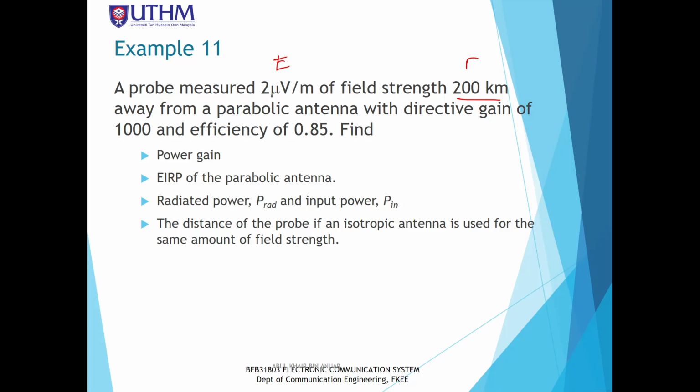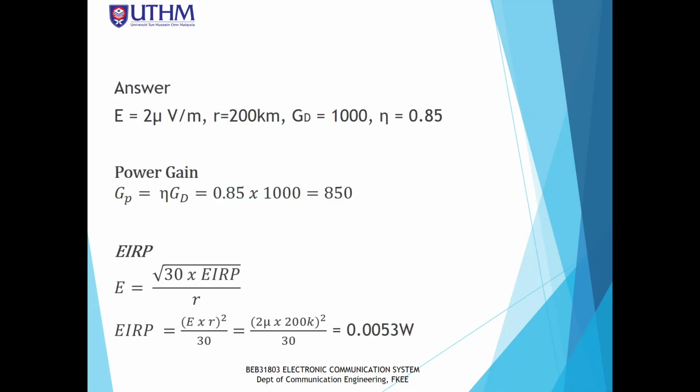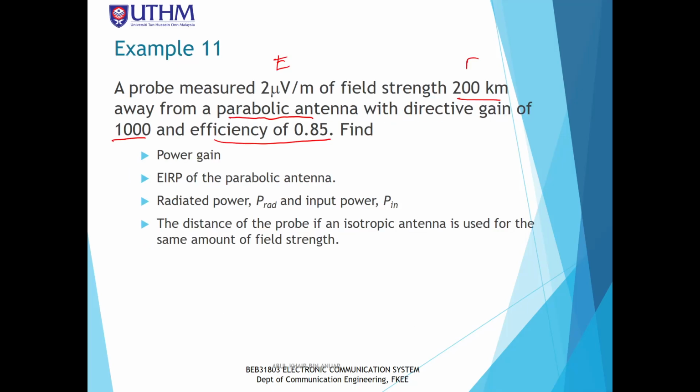When we say parabolic, this is the real antenna with a directive gain of 1000 and antenna efficiency of 0.85. Okay, find the power gain. So we have here GD, and here the efficiency 0.85, or we can say that this is 85% efficiency.